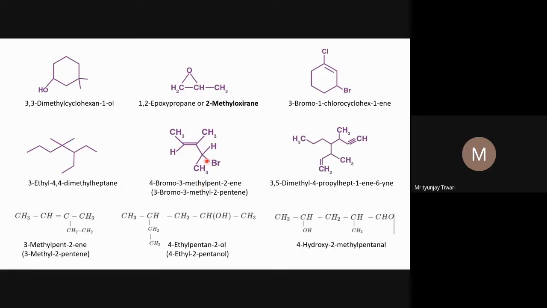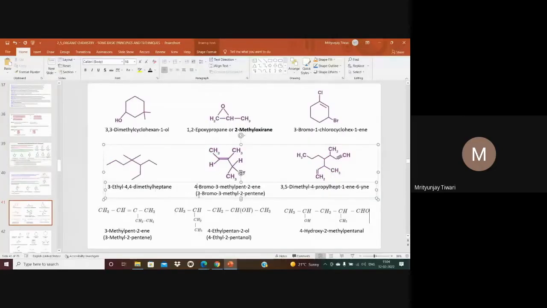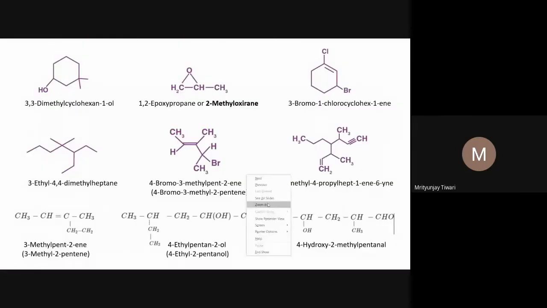So 4-bromo-3-methylpent-2-ene, or 4-bromo-3-methyl-2-pentene. This can also be one name, as I explained just now. 4-bromo-3-methyl-2-pentene is another way of naming this same compound.